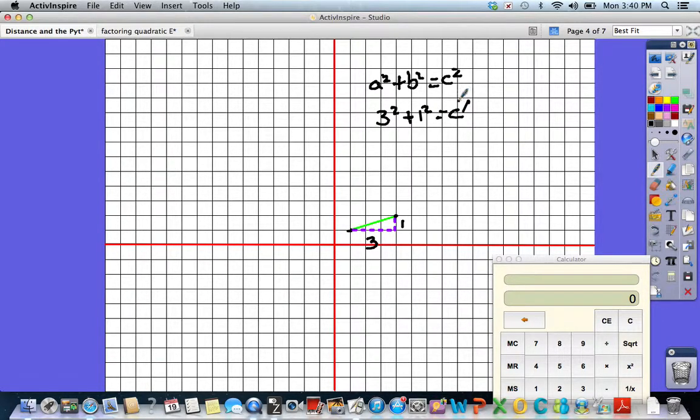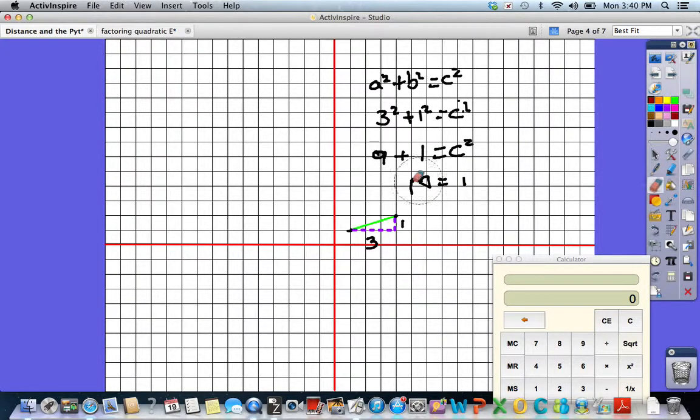And what I'm going to end up with, whoops, that's supposed to be a 2. What I'm going to end up with is 10. And I end up with 10 equaling c squared because this is 9, 3 times 3, and 1 times 1 is just 1. So I have 10 equals c squared, right?